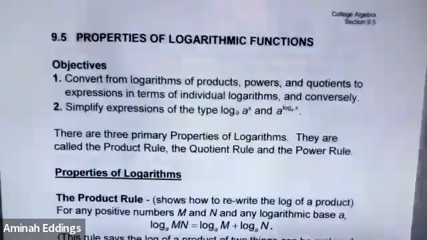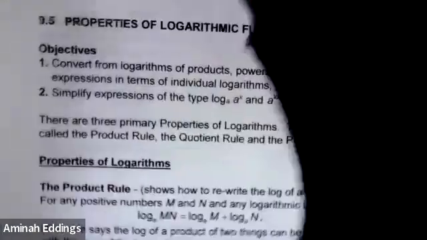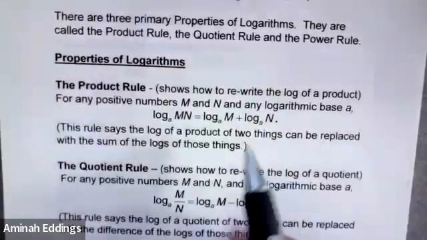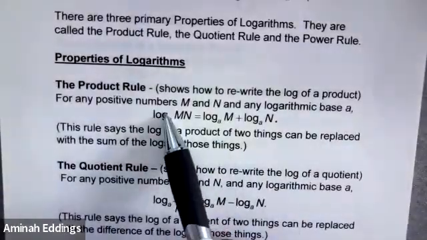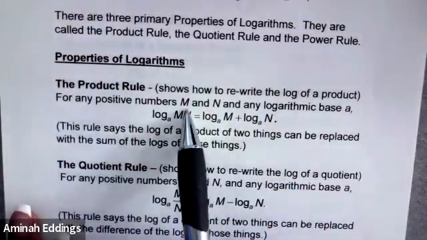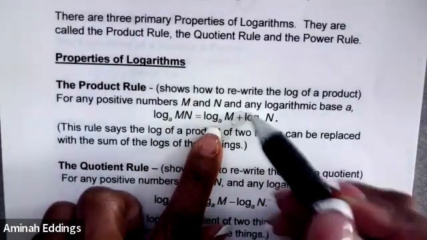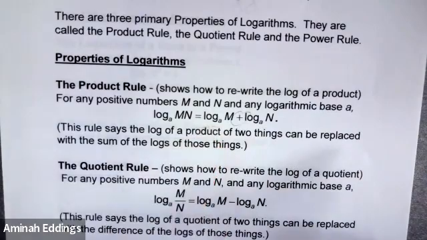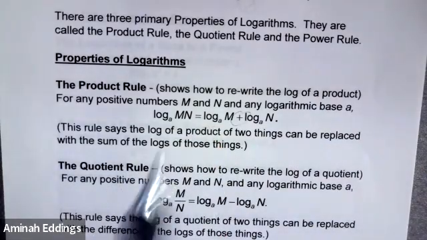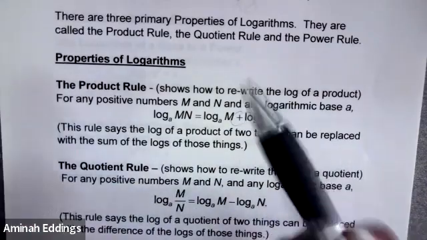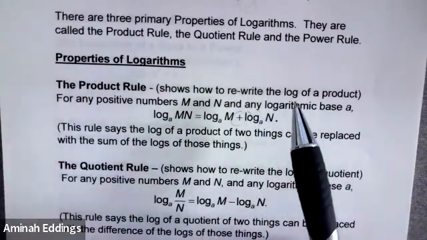Let's go back over here. So again, that first property says that if we have a log with a base and the expressions are being multiplied, we can expand them out with addition. And that's related to your properties of exponents, because remember, if we multiply, we add exponents.